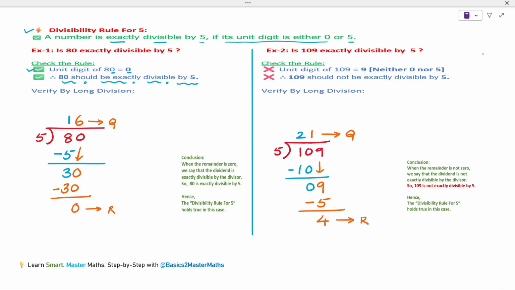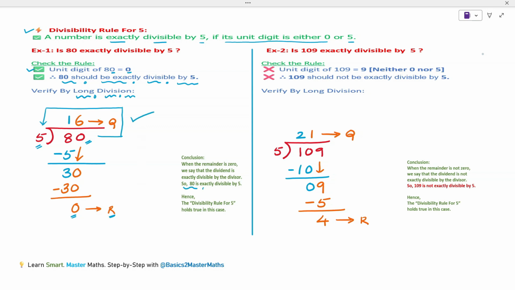Now, let us verify the correctness of the rule using long division. When we divide 80 by 5, we get 0 as the remainder. When the remainder is 0, we say that the dividend is exactly divisible by the divisor.